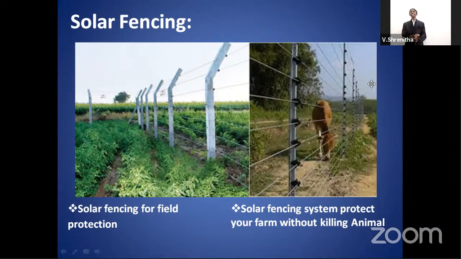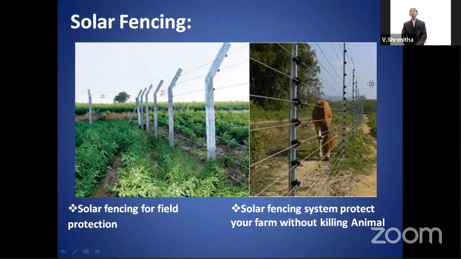Surprisingly, what happened? Our recent technologies brought solar fencing technology with new features. So what is that technology? Whatever we need to do is fence the field. What happens is, due to the vibrations received from the solar fencing technology, no animal is going to lose its life, and it doesn't have the capacity of killing a person.